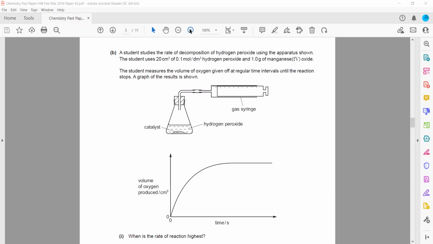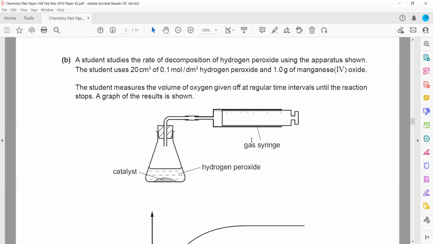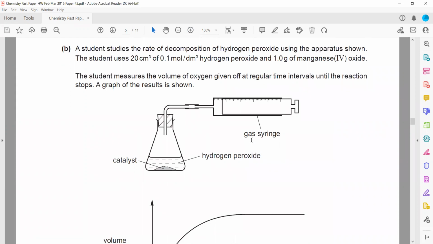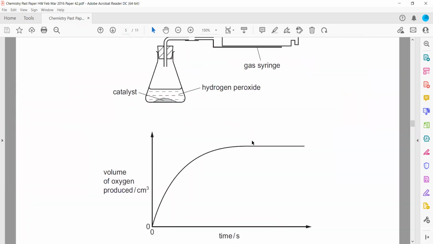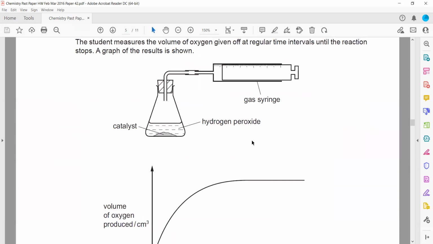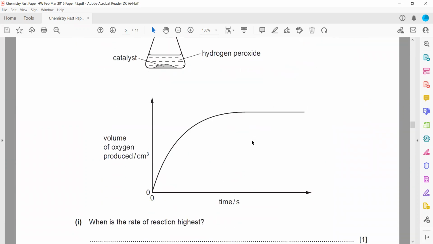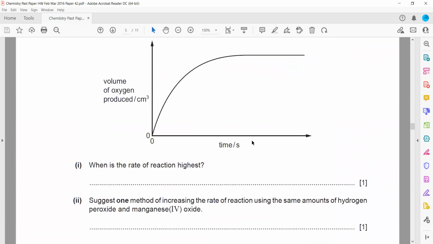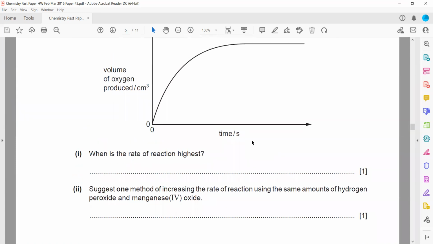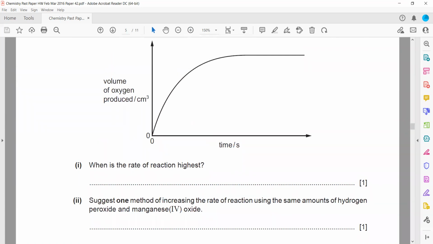When is the rate of a reaction highest or the fastest? At the beginning, the rate is always the fastest because we have more particles. So you can mention at the start or the beginning, the rate is fast.